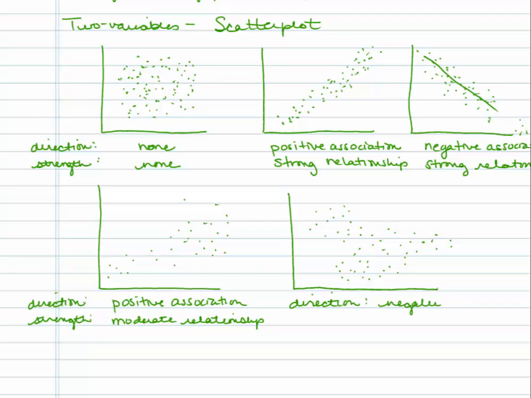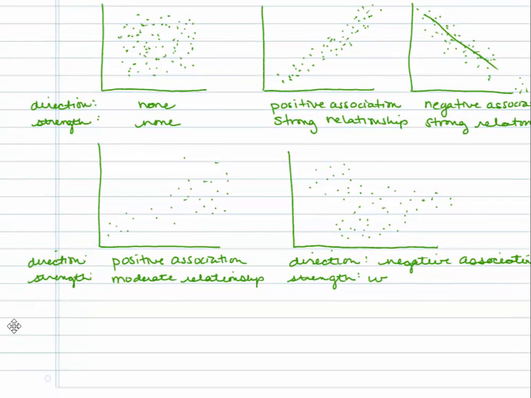More of a negative association. And this kind of looks like a weak relationship. And more of these all kind of look like lines to me. This one kind of looks more curved to me. So that makes it more of a weak relationship as well.